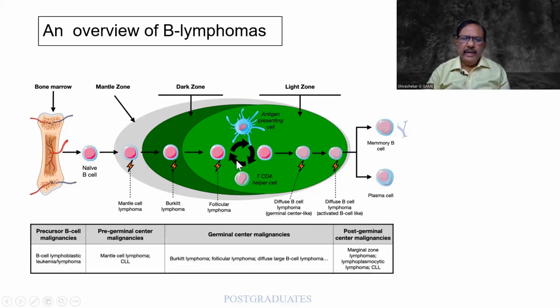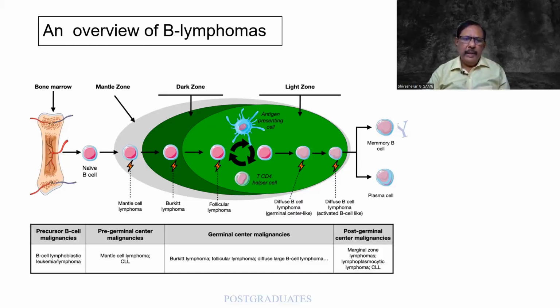There are a series of cells, such as the immature cell or the precursor cell, and then the immunoblast, etc. In those days, the classification used to be large cleaved, large uncleaved, and then small cleaved, small uncleaved, etc. At each of these stages, a typical type of lymphoma can originate.